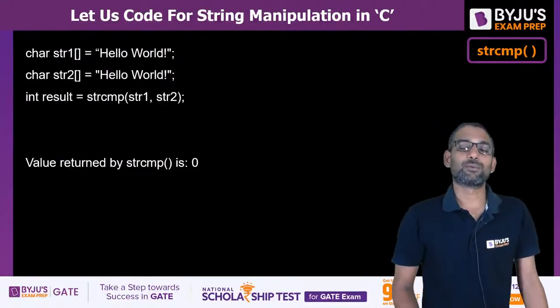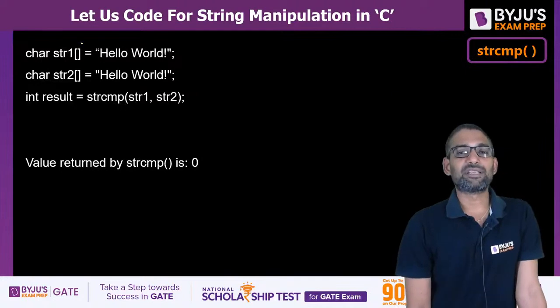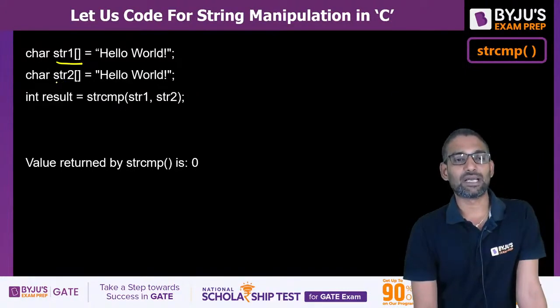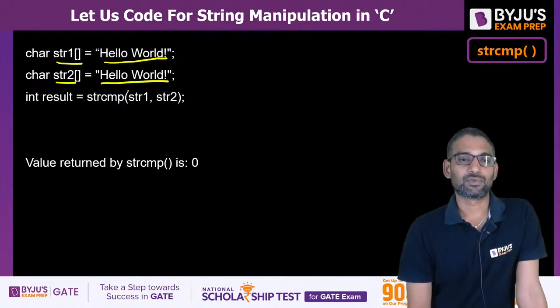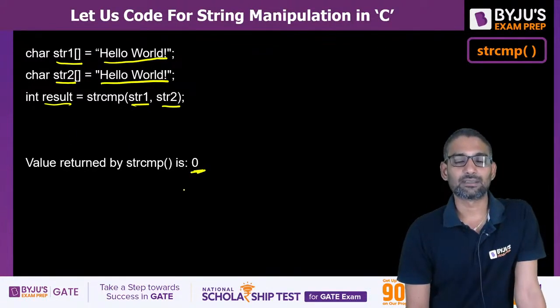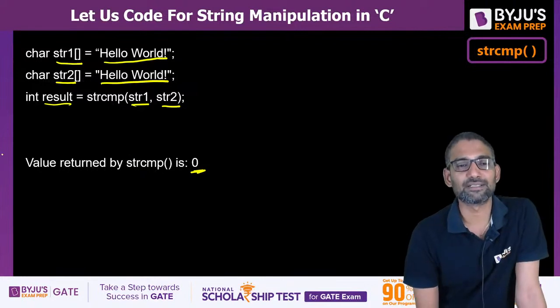See here. Suppose I have created two strings str1, str2. Both string values are the same. So I am doing this comparison between these two and printing the result. Then what do I get? 0. How actually am I getting 0?